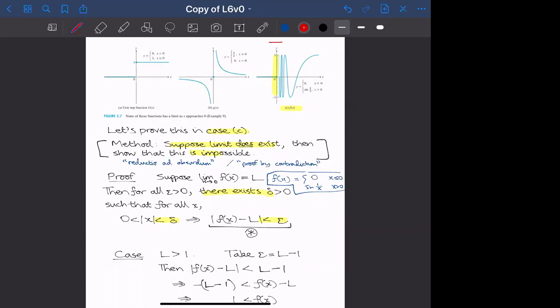I mean, the limit is some value that the function gets closer and closer to as x goes to 0. But the function is never anywhere near 1.5, its maximum is 1. So how do we prove it's impossible from the definition of the limit? Well, we take the distance from L to the top of the range. So that's L minus 1, and let's let epsilon be that.